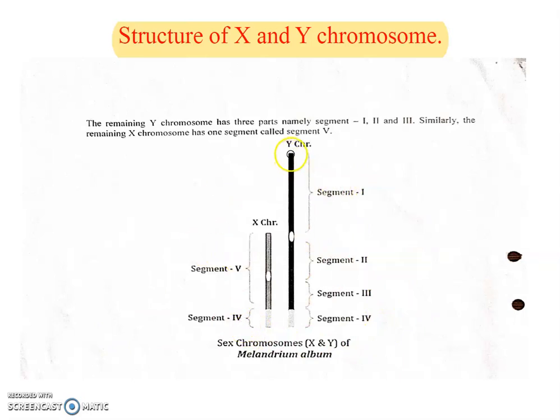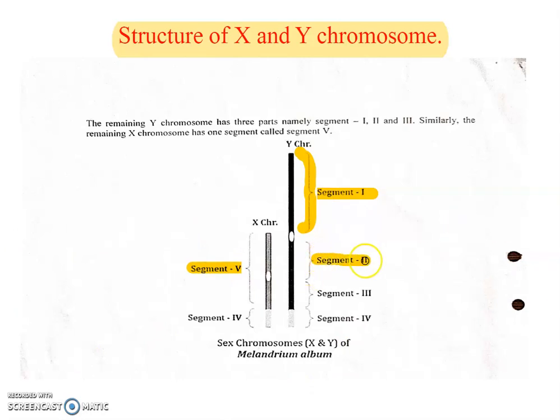The first segment is very important for male flower production. This segment 1, which is from here to here, is for suppression of the fifth segment. In the male Y chromosome, this first segment suppresses femaleness, that is, segment 5.